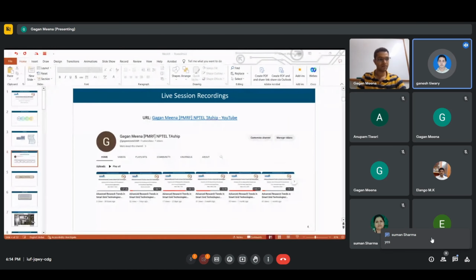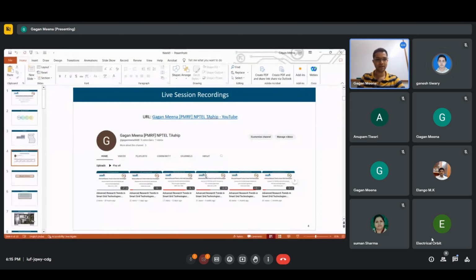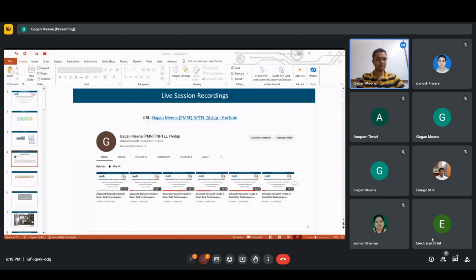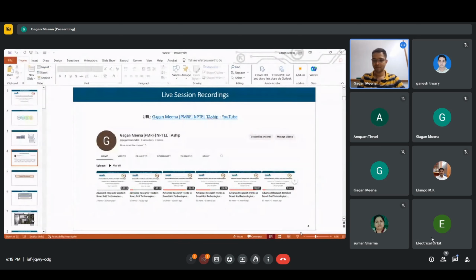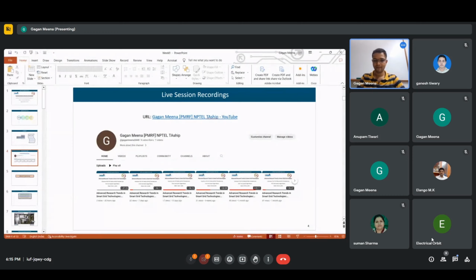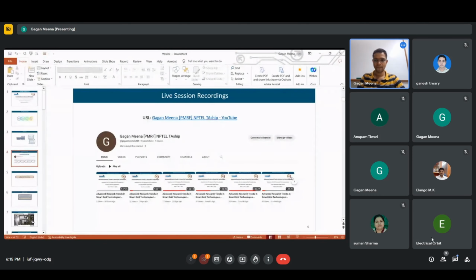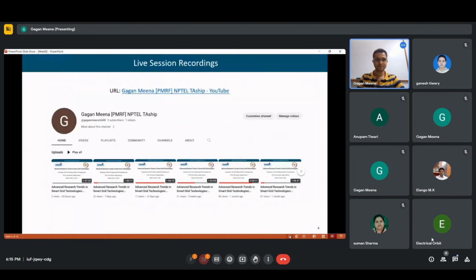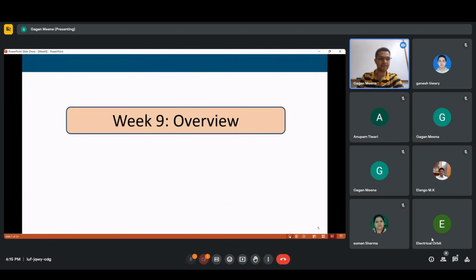Yes, sir. It is showing demonstration and then live session. I don't know why it is not showing in slideshow mode. I'm doing slideshow, but it is not showing. Okay, let's do it in read mode. Now slides are changing, right?